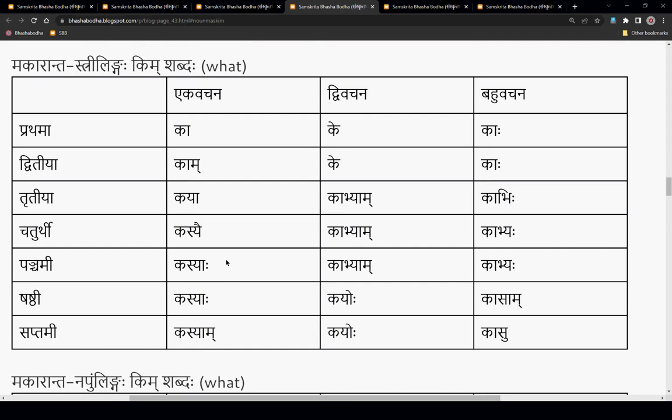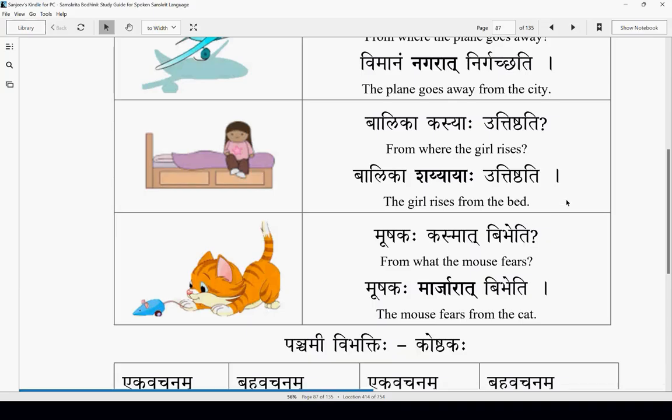So if you know that the word for where she is sitting is Strilinga, then you can use Kasyah, from where she is rising up or waking up. Balika kasyah uttishtati. Balika shayyayah. For Strilinga words like Shayya, Lata or Balika, just add yah to it. Shayyayah uttishtati.